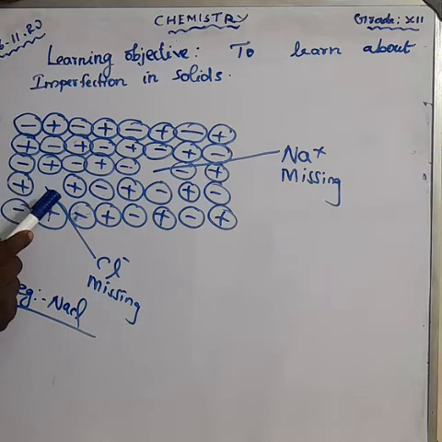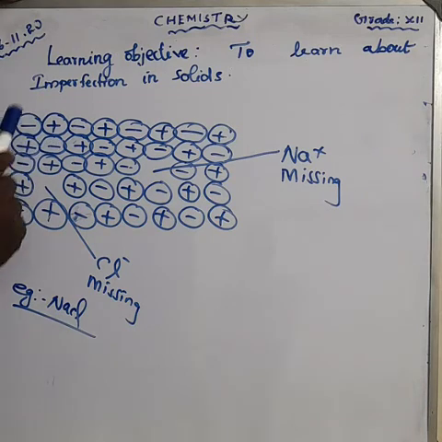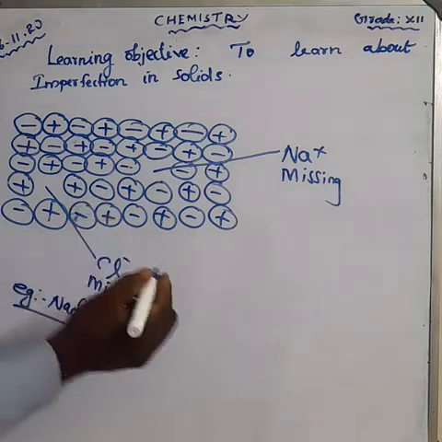The ionic solid is one in which the cations and anions are almost similar size. Here, the presence of a large number of Schottky defects in the crystal lowers its density. Don't forget that. It lowers its density.